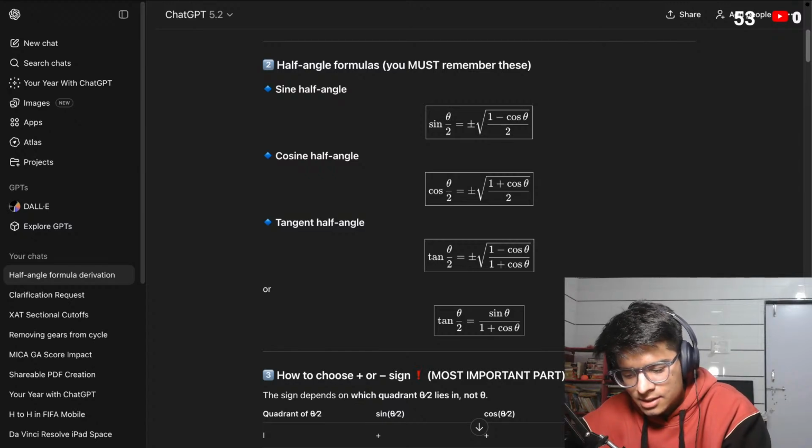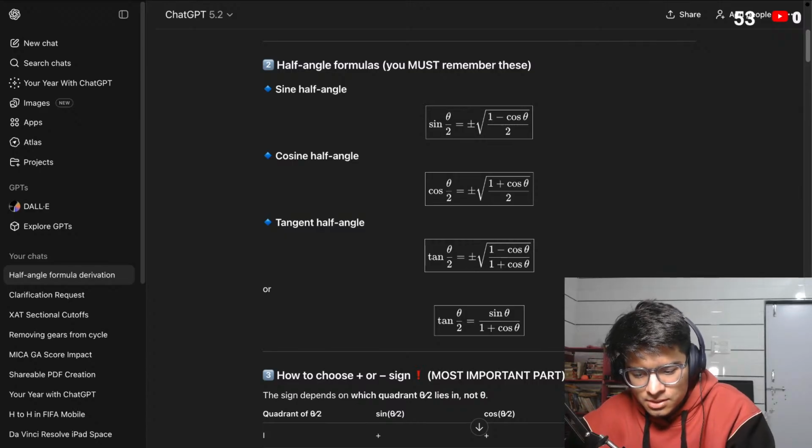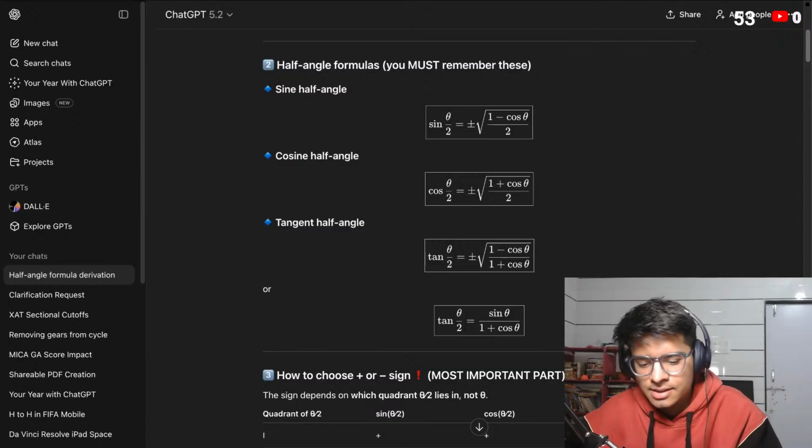For tan theta by 2, plus minus under root of 1 minus cos theta upon 1 plus cos theta, as it is obvious.